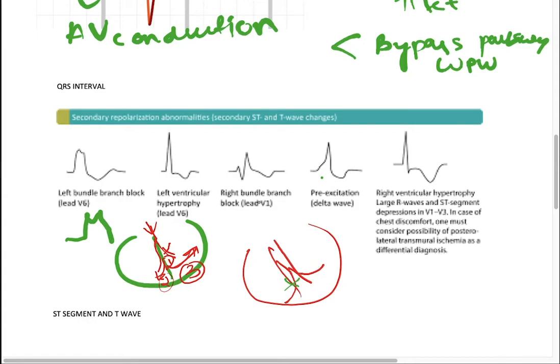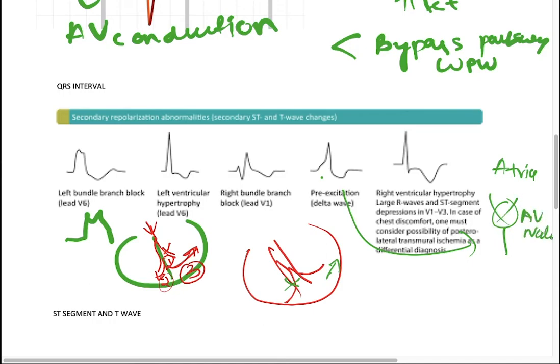We are looking in V1 now, not lead 2. So V1 basically sees the right side. So right side positive deflection, because initially it is because of the septal depolarization, then followed by left, and then a negative deflection followed by a positive deflection because of the LV excitation.